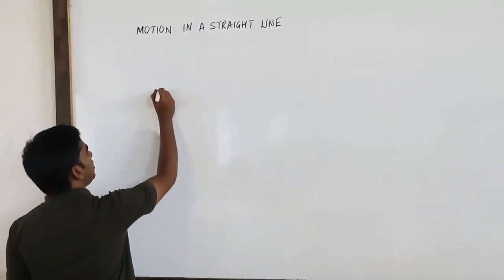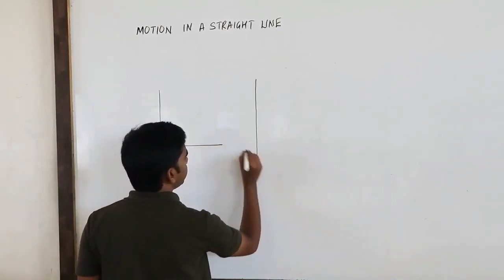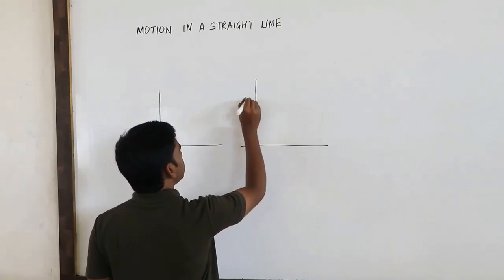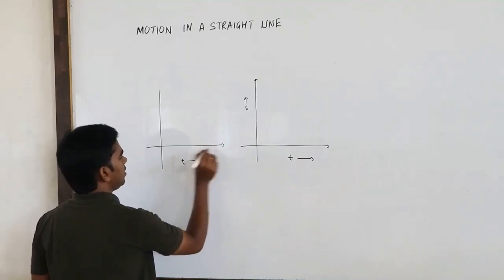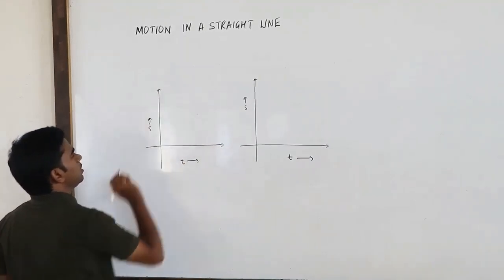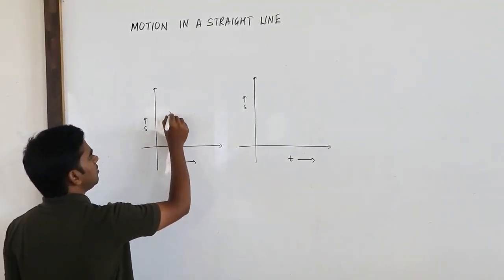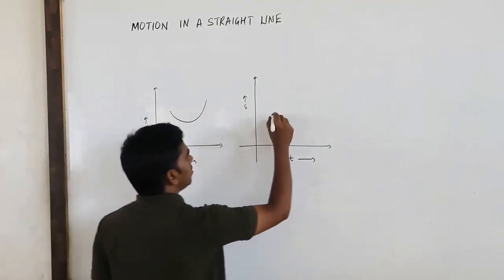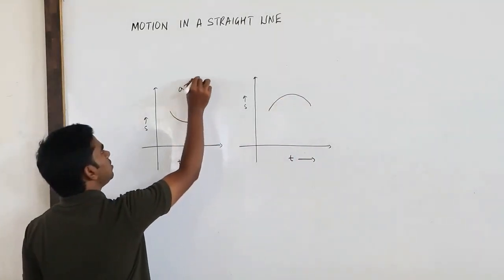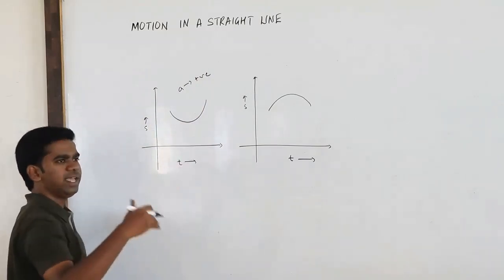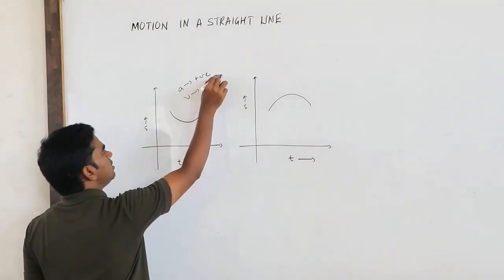So what we got in the position time graph? If this is S and this is T, if the curve is upward, A is positive, means the body is accelerating, and velocity will increase.